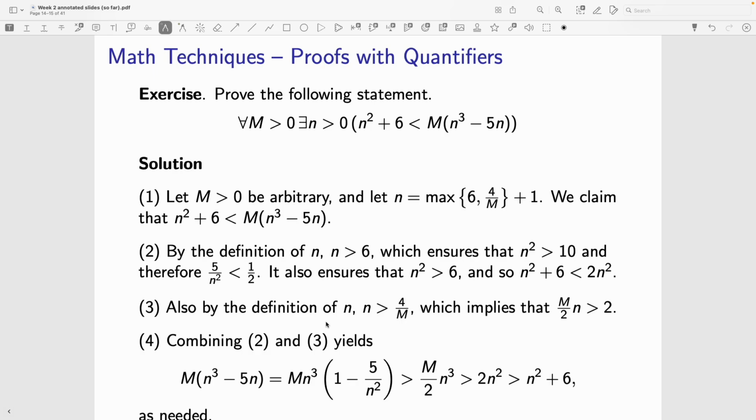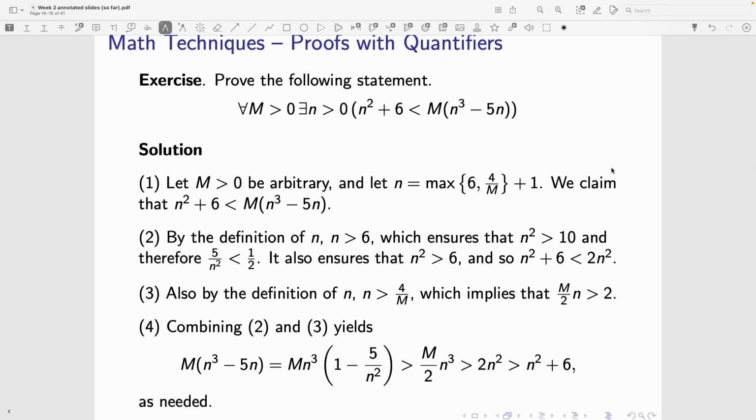And also, these are fun because I could just show the solution plainly and it doesn't really explain how to solve the problem. But let's get into what thought process you would need to get max of 6 and 4 over m plus 1.